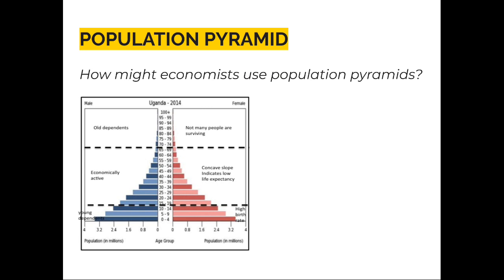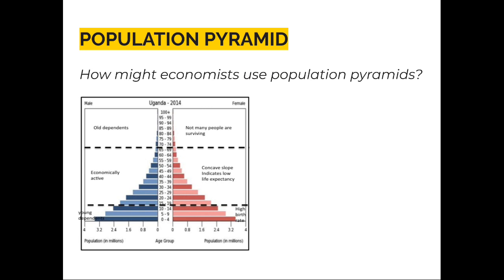It starts from 0 to 4, 5 to 9, 10 to 14, and so forth. The first age group is the babies and the teenagers, who are classified as young dependents.